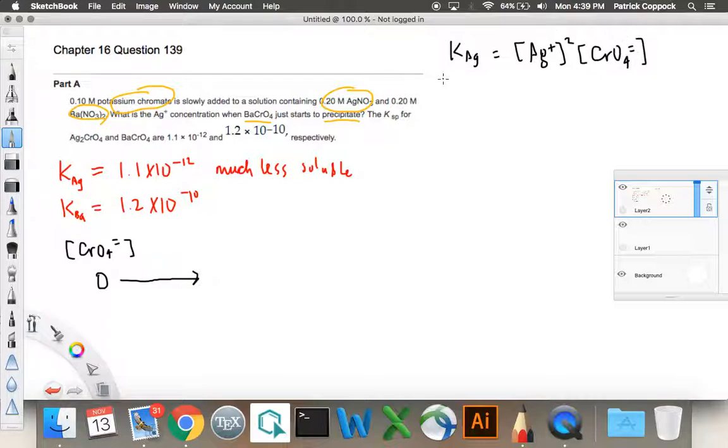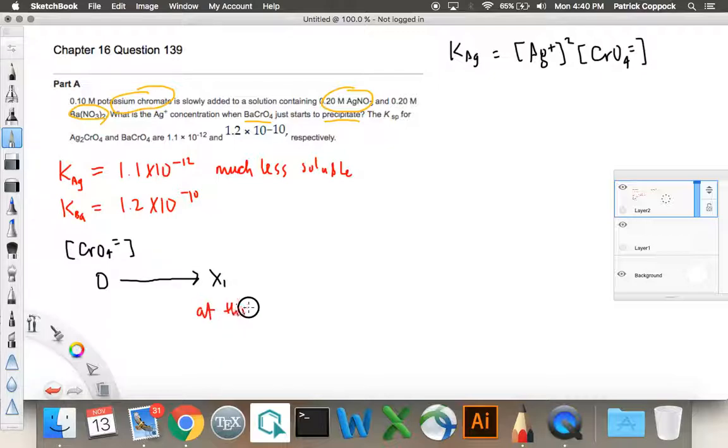That is the point at which we will get a precipitate. But when this is 0, we don't have any precipitate at all, right? So as we're adding this, at some point we get a precipitate. What is that point? I'm going to call that point the first concentration at which we get a precipitate.